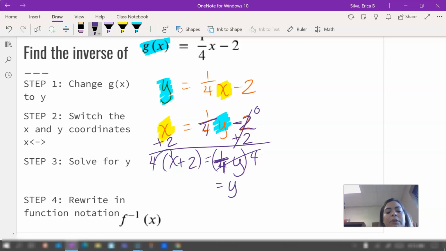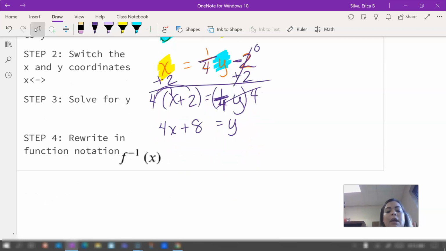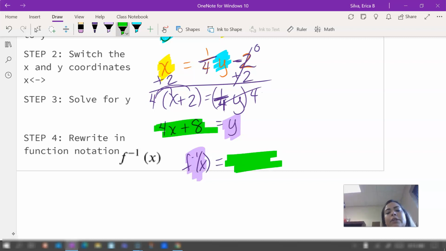And now we distribute that 4. We get 4x, and then 4 times 2 is 8. And finally, we want to rewrite our inverse function in function notation. Change that y to the inverse function of x, and then we simply write our equation.